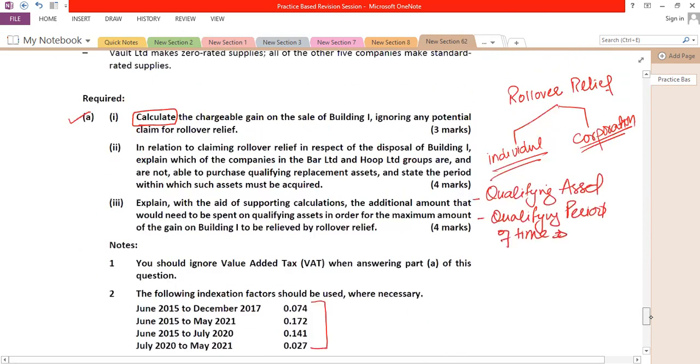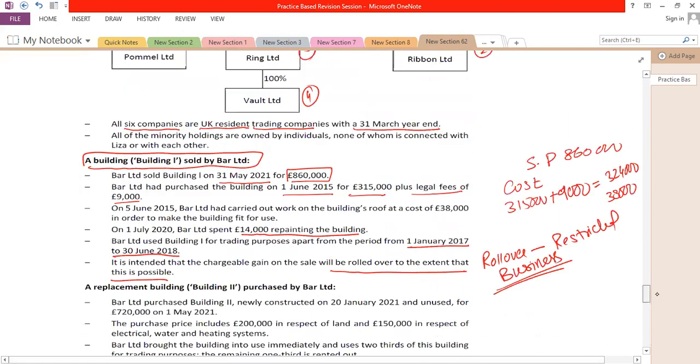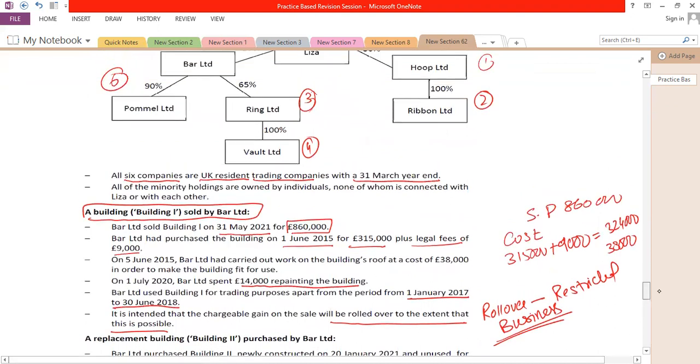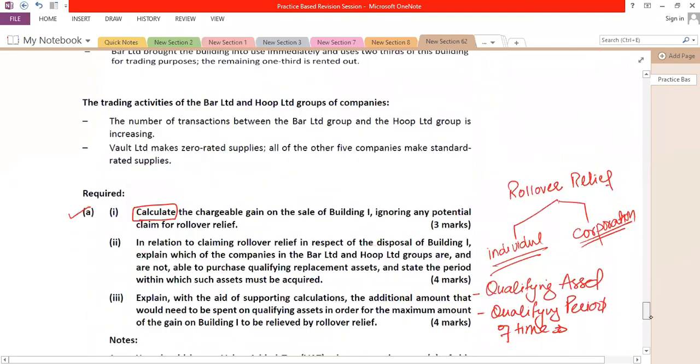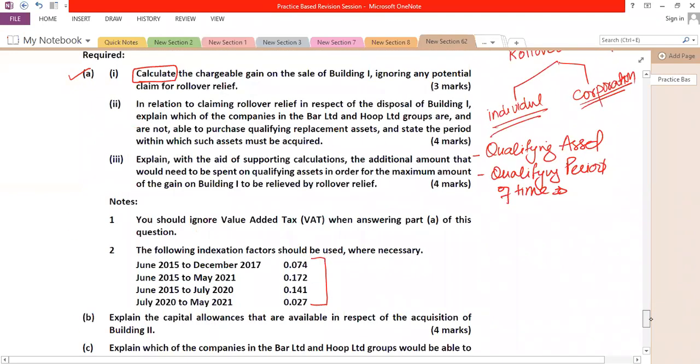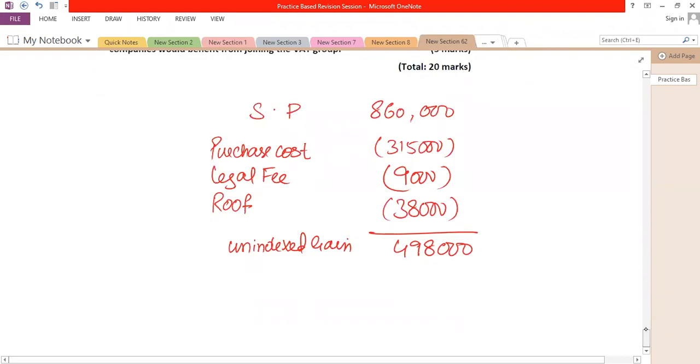What is my purchase date? The purchase date is 1st June and the disposal date is 31st May. So the indexation is frozen up to December 2017. So the rate is 0.074, and it is applicable on cost. So my cost is 3,62,000.